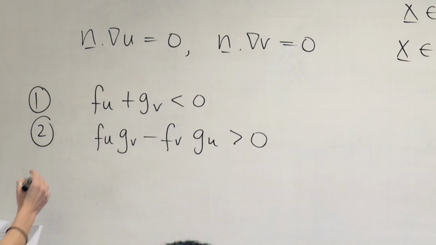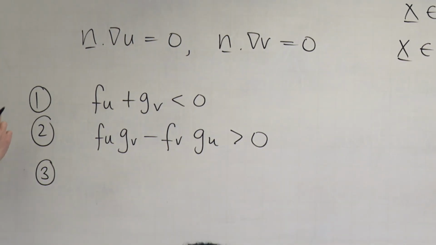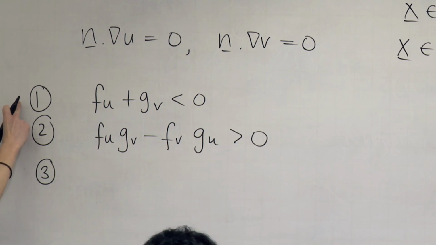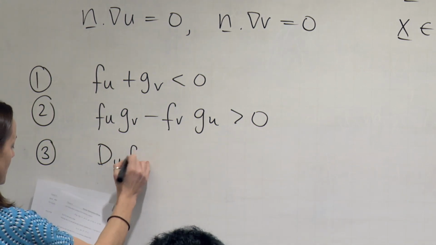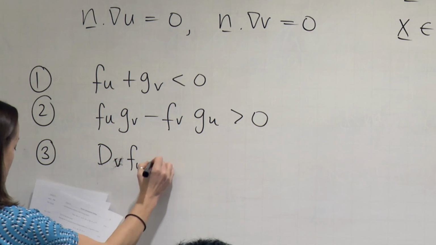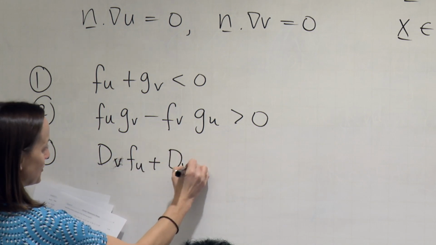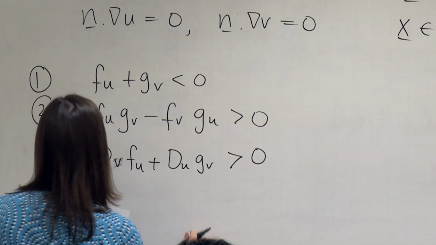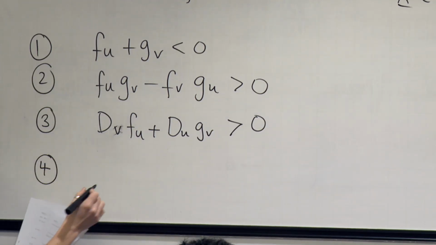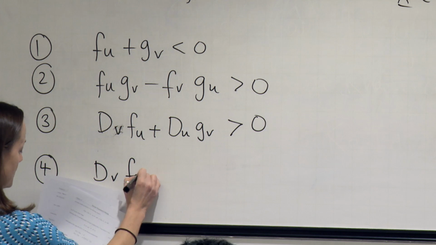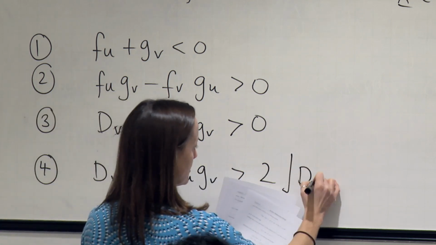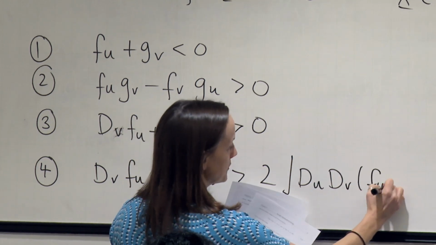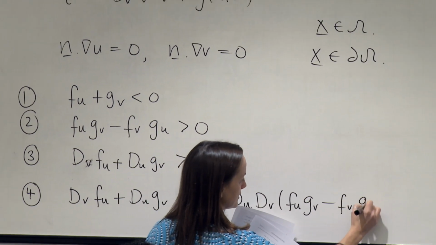They all came from requiring linear stability of the spatially homogeneous steady state in the absence of diffusion. Then another one: dV FU plus dU GV being greater than 0. And our last one was dV FU plus dU GV being greater than 2 square root of dU dV times (FU GV minus FV GU).